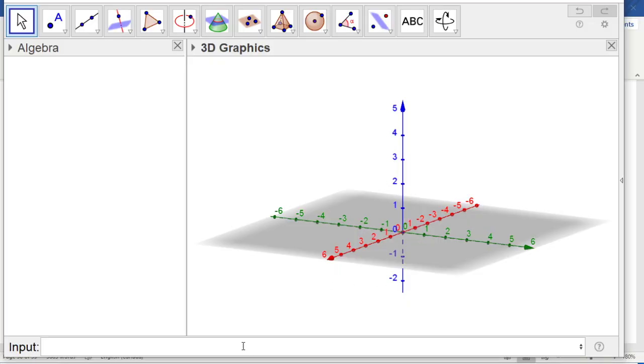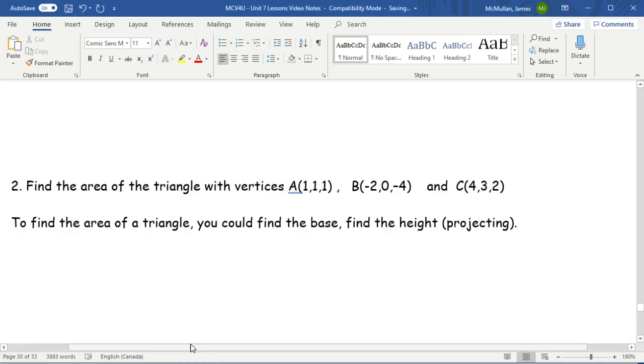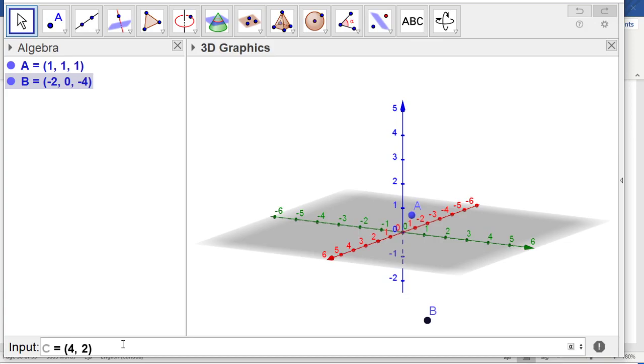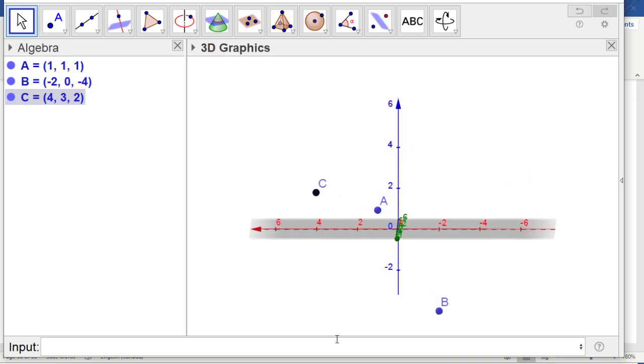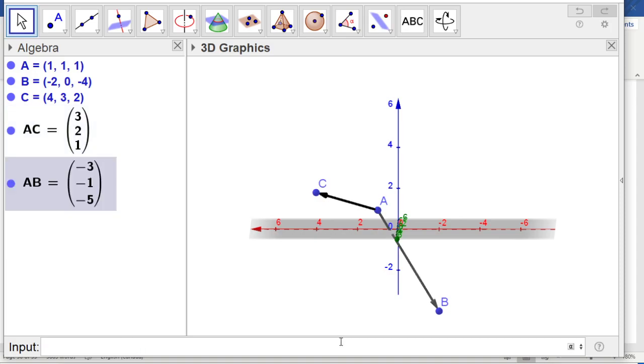A is 1, 1, 1. B is -2, 0, -4. C is 4, 3, 2. Now, I'm going to draw three vectors here: AC equals vector AC, AB equals vector AB, and CB equals vector CB.